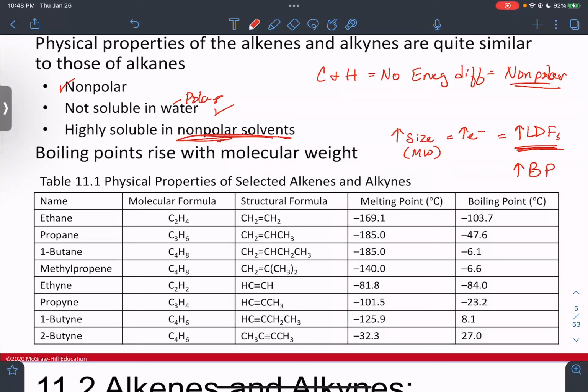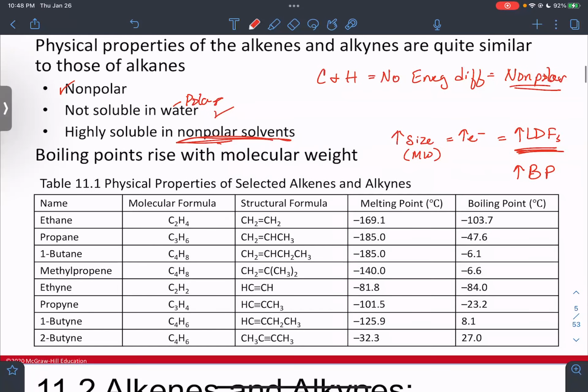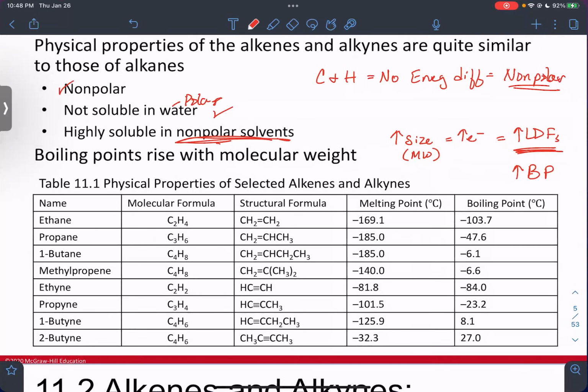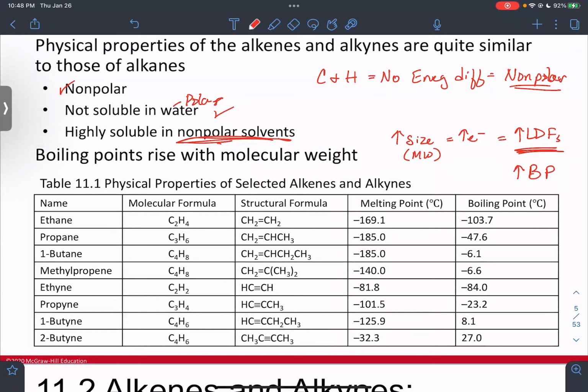So let's see if that holds true for our substances. Let's look right here, and this is wrong. This is from the book. It's ethene, right? Because we have a double bond. Propene, butene, they're all carbon-carbon double bonds. The last one's got it.